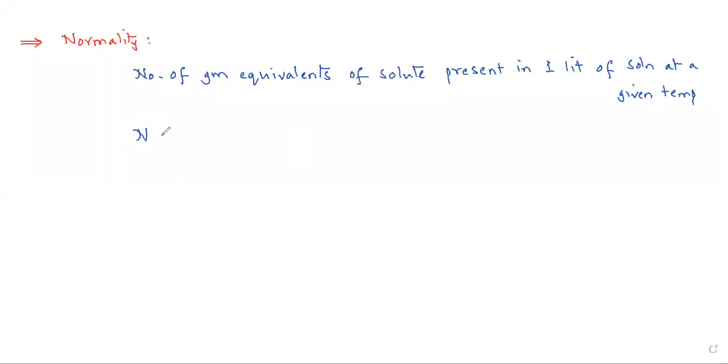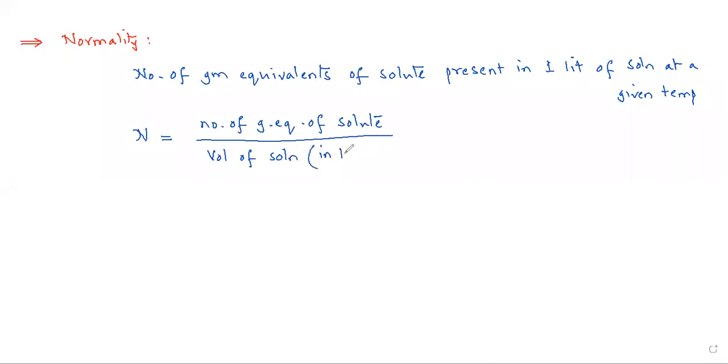This can be mathematically given as normality is represented by capital N, then number of gram equivalents of solute by volume of solution in liters. Okay.